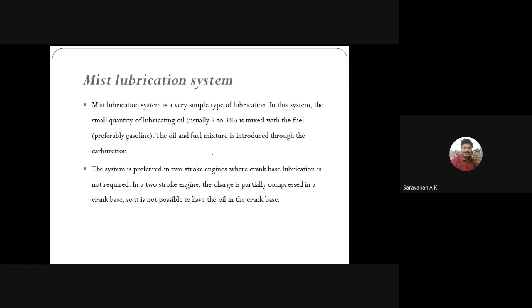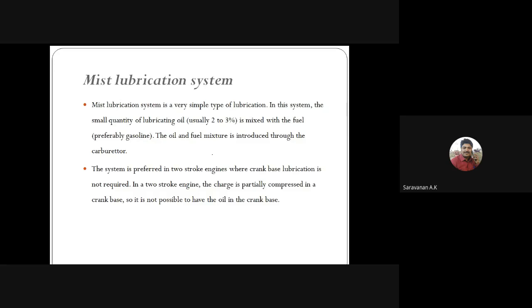This type of mist lubrication system is preferred for two-stroke engines. The gasoline is vaporized, and the oil in the form of mist enters the cylinder via the crankcase.